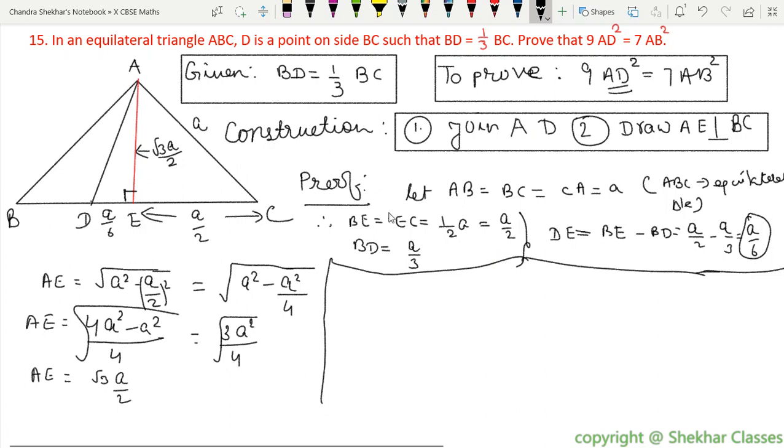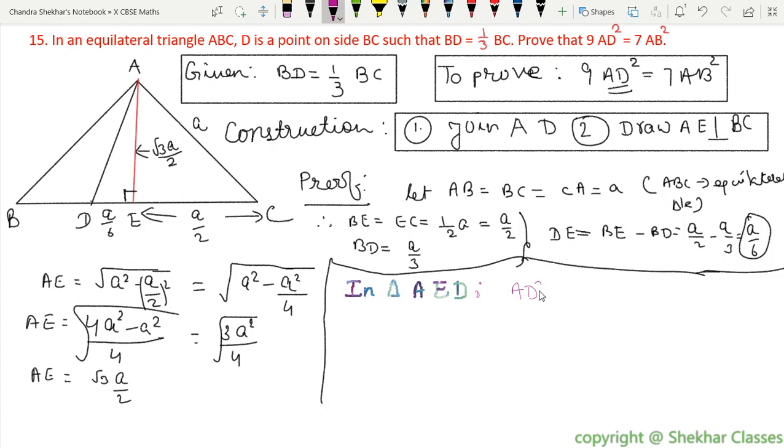In triangle AED, what happens here? In triangle AED, we can use the Pythagoras theorem to find AD.